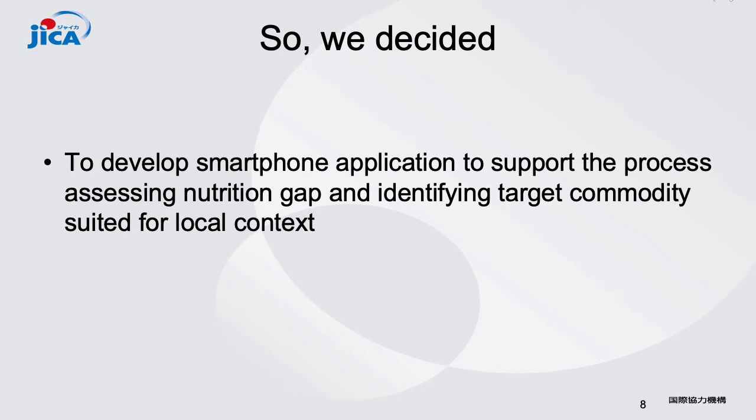But I also understand this calculation using food composition table is a little complex, and local experts may not be familiar with this calculation. So we decided to develop smartphone-based software, so that you don't need to calculate every time. You can just use this application.